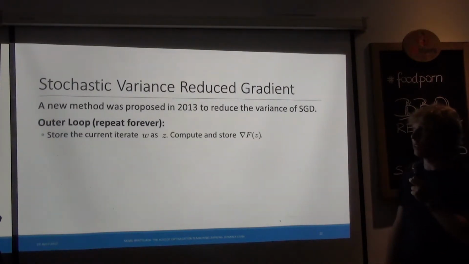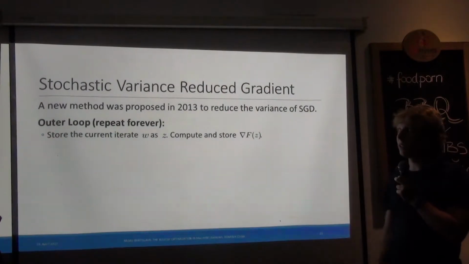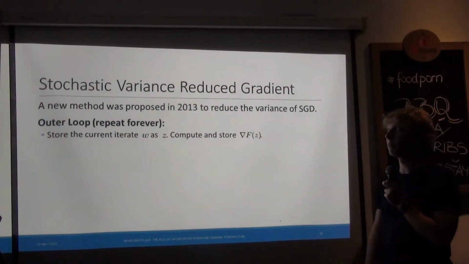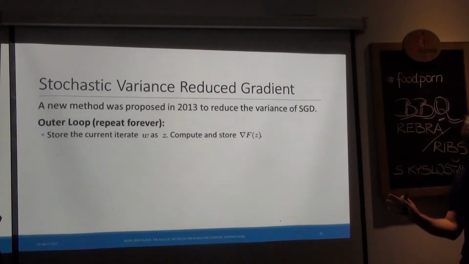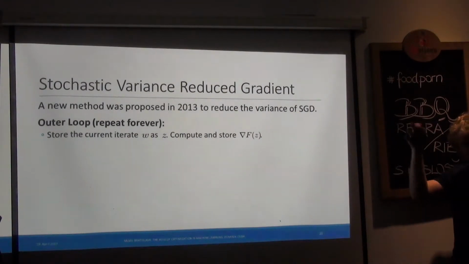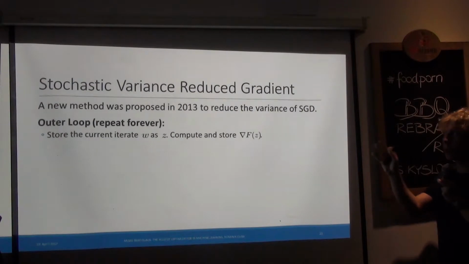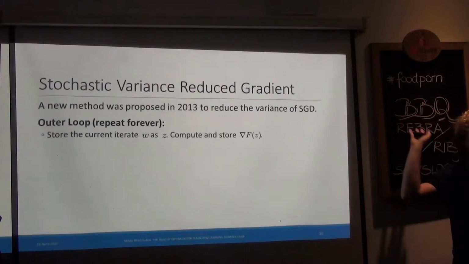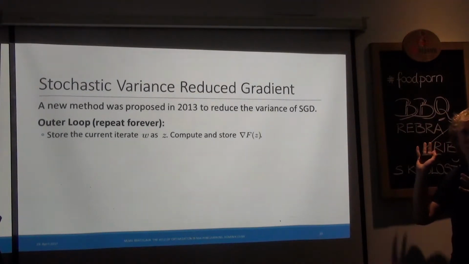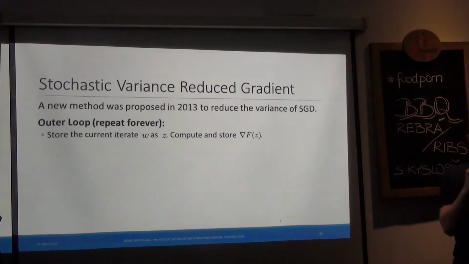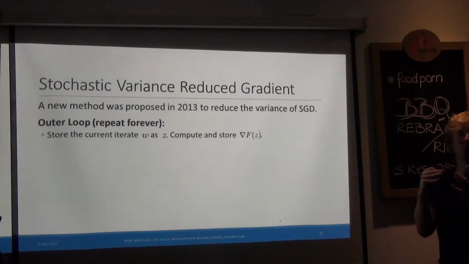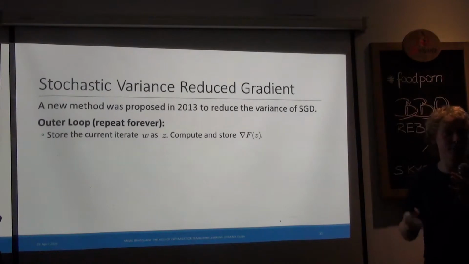So the outer loop is just take the current iterate, then store it as that, and compute its full gradient. That's very expensive, we already discussed that, that's n times d, right? That's the big number. But whatever, we are going to do this just once per n iterations. So it's basically, if we compute one gradient once every n iterations, that's like computing one small iteration.